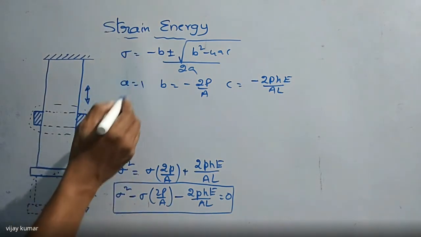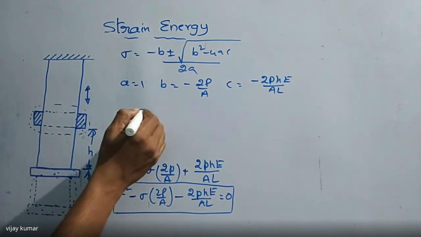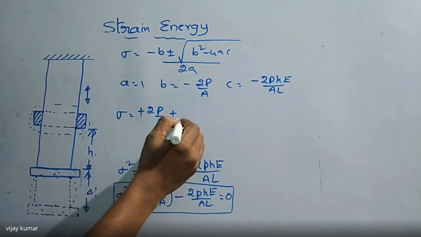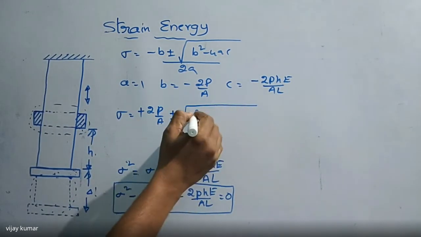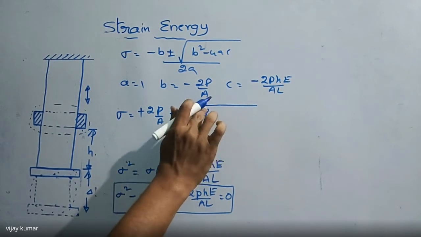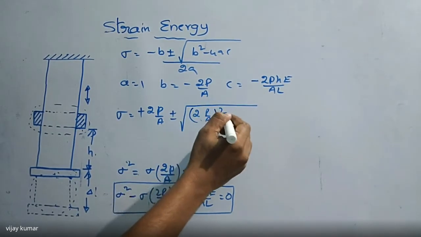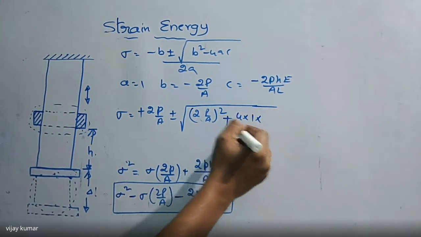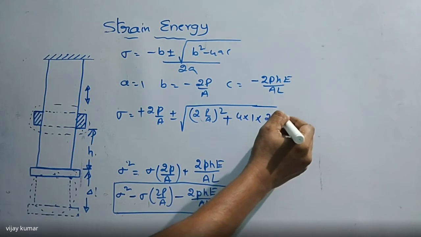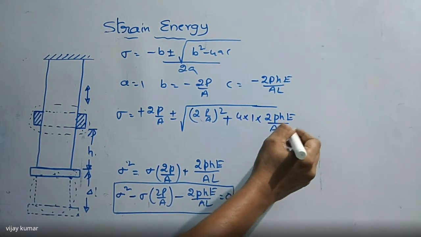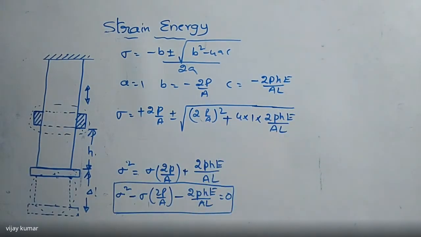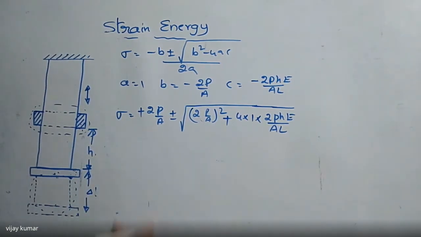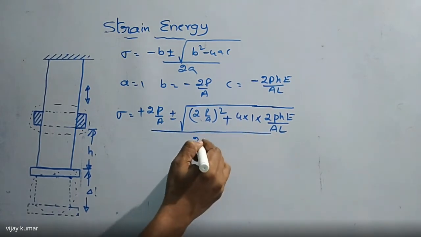So sigma is equal to minus b, that is minus 2P by A, plus or minus square root of (2P by A) whole square minus 4 into 1 into minus 2PHE divided by A into L, in that value. Then I am dividing by 2a, that is 2 into 1.